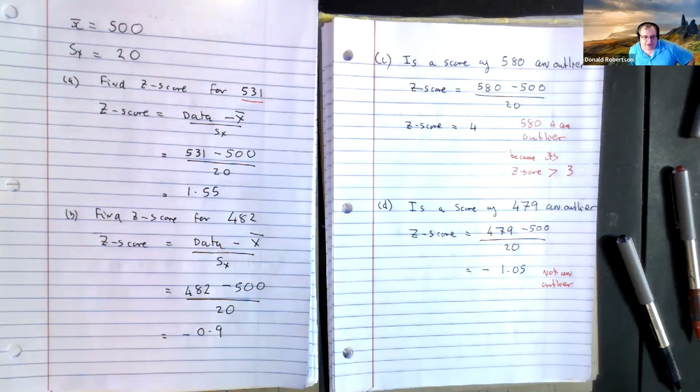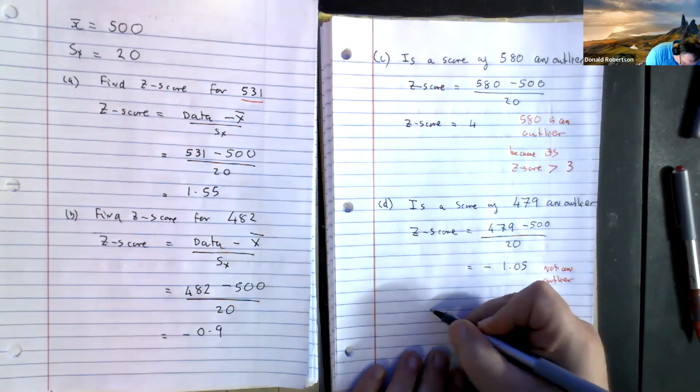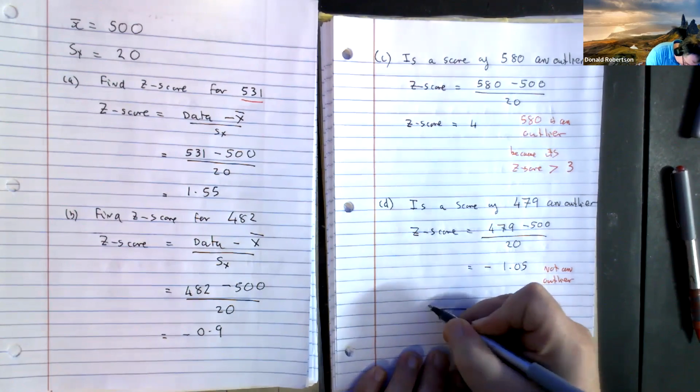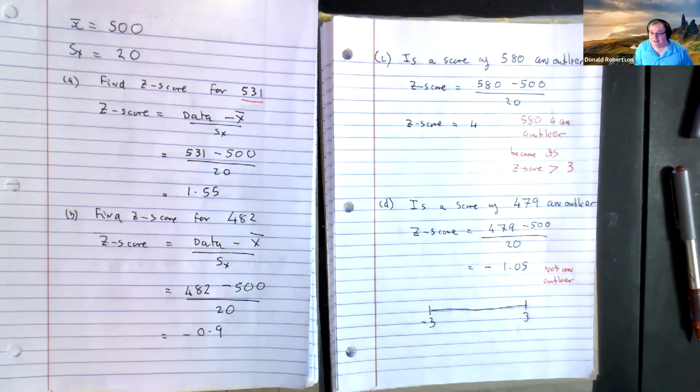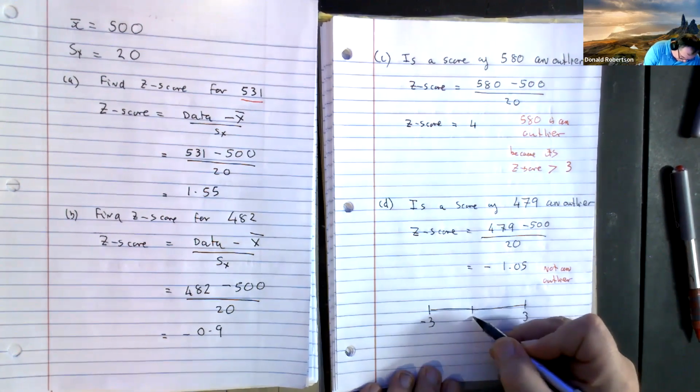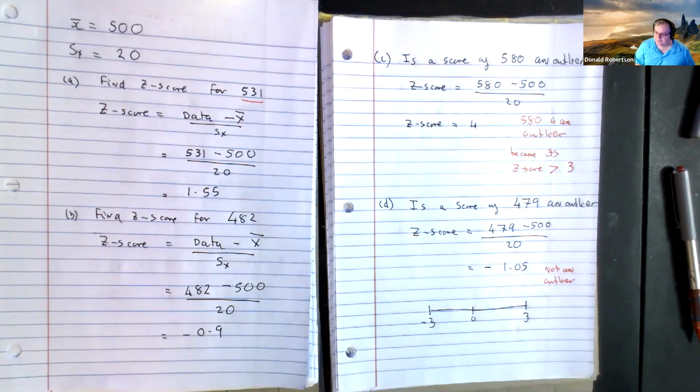To give you an example of how little z-scores vary, pretty much everybody, the vast majority, 99.7% actually, has a z-score somewhere between negative 3 and 3.